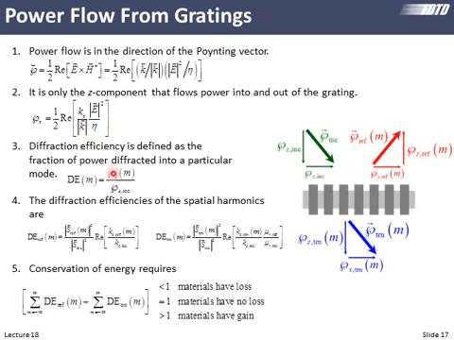We then defined diffraction efficiency as the power in the diffracted mode relative to the power in the applied wave. So we're asking ourselves what fraction of power of that applied wave is going into our particular diffraction order, and that is the diffraction efficiency of that order.